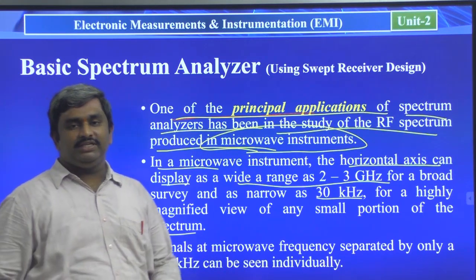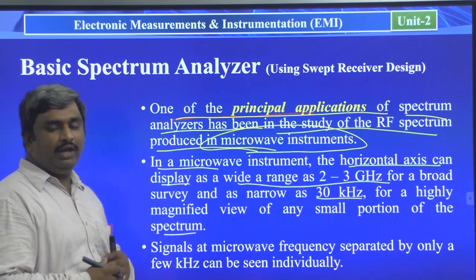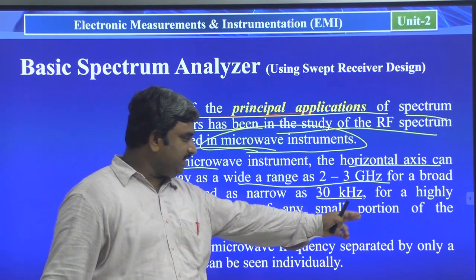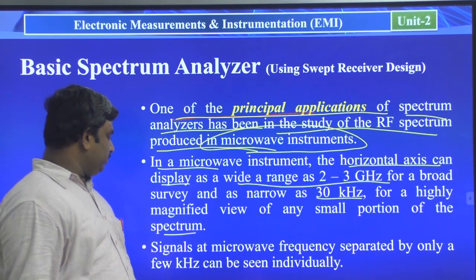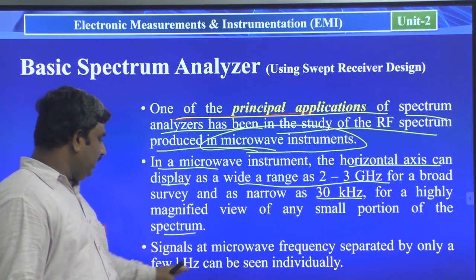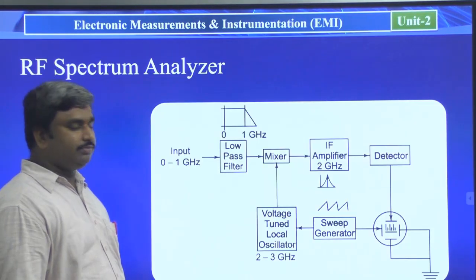So whatever signals you are going to see, we should produce as much magnified information as possible. Signals at microwave frequency separated by only a few kilohertz can be seen individually. That is the normal information.